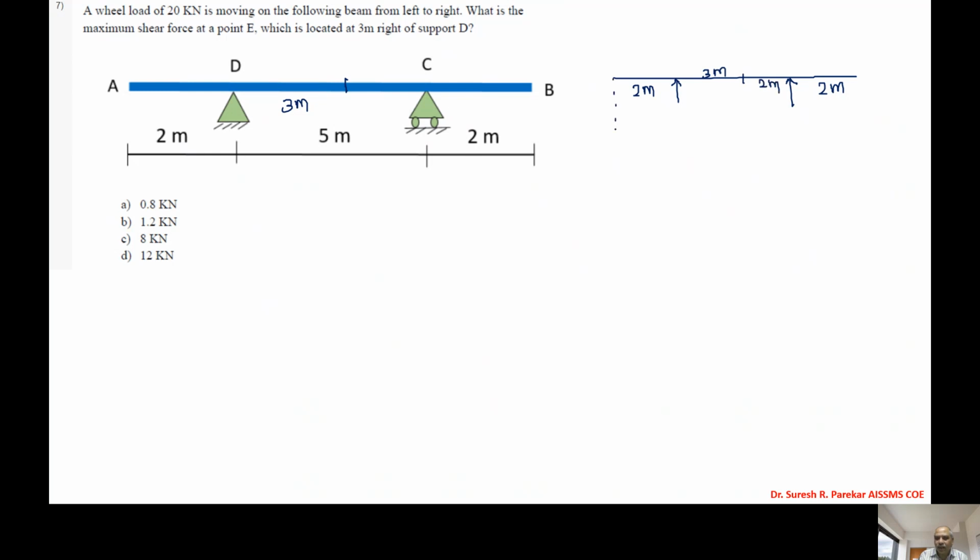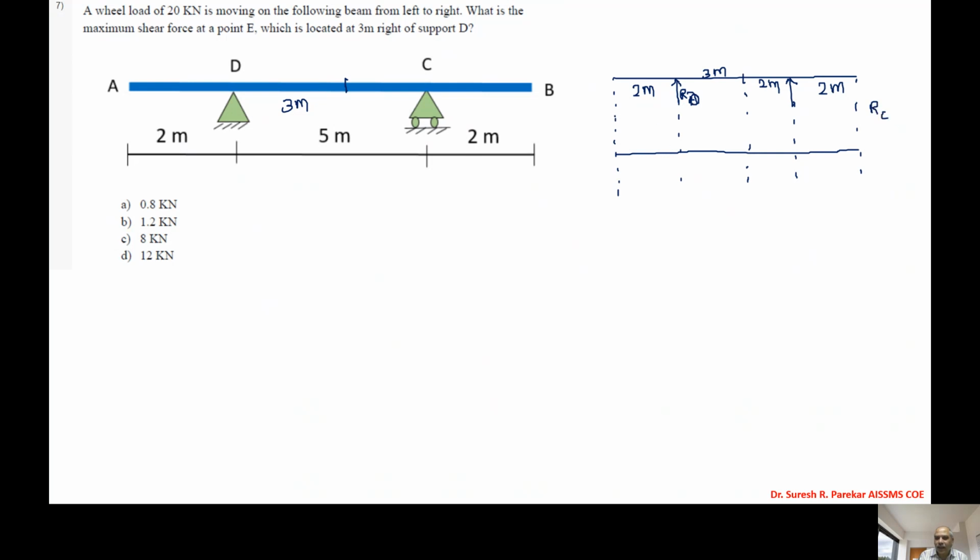Now if we plot the reactions, this goes down and this goes up. This is RA, sorry, RD we have, and this we have RC.